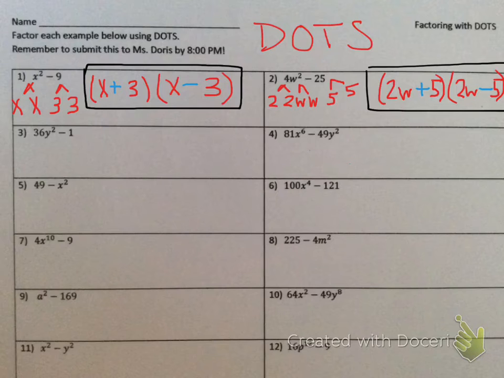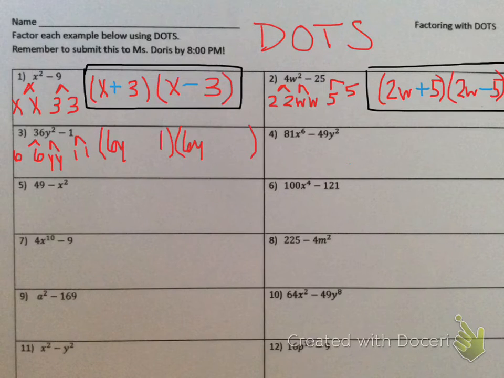Let's try number 3. So 3 starts out similar to number 2. 36 is a perfect square. 6 times 6 makes 36. And y squared is just y times y. And then 1 squared is really just 1 times 1. So in my two parentheses, the first spot of each of them is going to be a 6y.